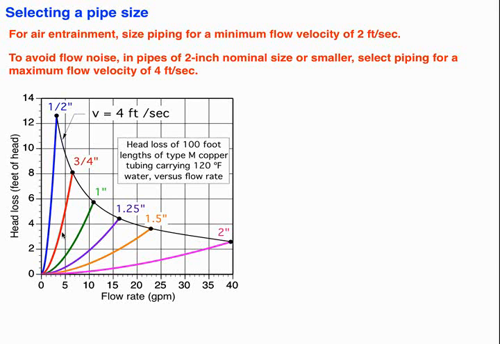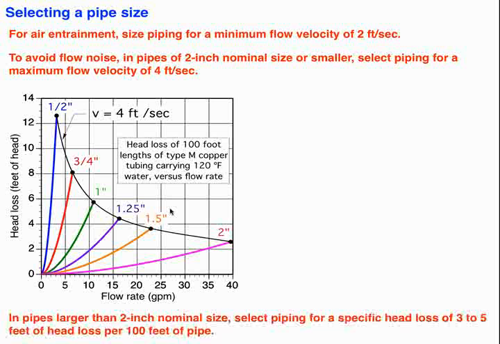So, for example, at just under 3 gallons per minute, a 1/2 inch tube has a flow velocity of 4 feet per second. If we wanted to know how much water we can pass through a 2-inch copper tube and not exceed 4 feet per second, you can see it here. It's almost 40 gallons per minute. I want you to notice that curve drops down quickly. And that will play into how we size larger pipes.